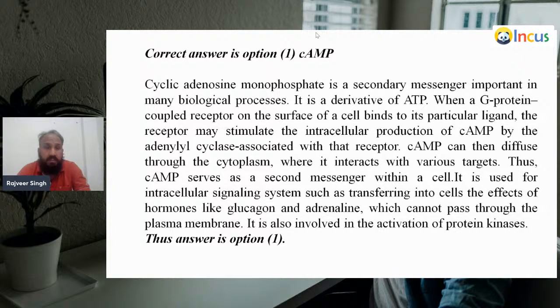Cyclic AMP can then diffuse through the cytoplasm where it interacts with various targets. Thus, cyclic AMP serves as a second messenger within a cell. It is used for intracellular signaling, such as transferring into the cell the effect of hormones like glucagon and adrenaline, which cannot pass through the plasma membrane. It is also involved in the activation of protein kinase. So the answer will be first.